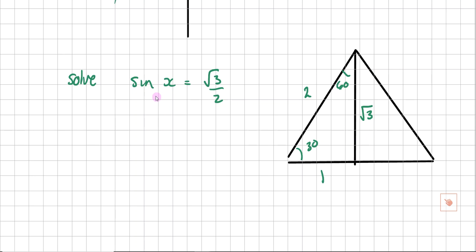So sine is opposite over hypotenuse, but hypotenuse is always larger than opposite. If this is the opposite side and this is the hypotenuse, so I know that x is 30, no?